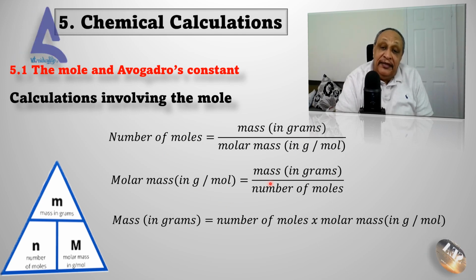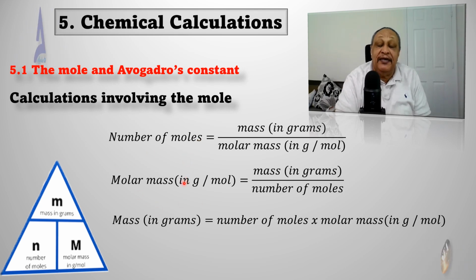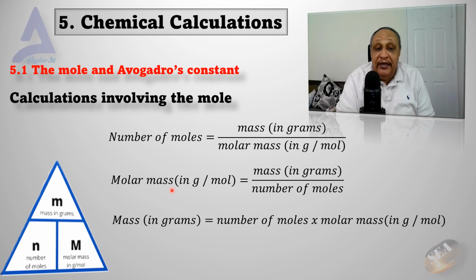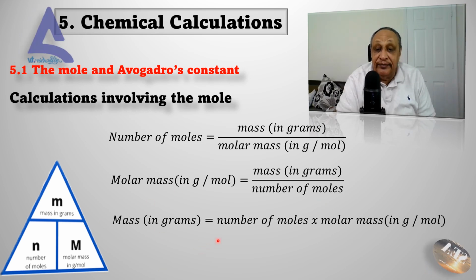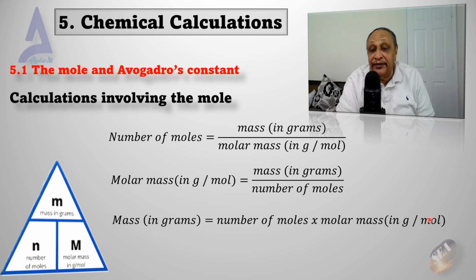And this formula could also be expressed as this, depending on what we actually demand. So the molar mass in gram per mole equals the mass in gram over the number of moles. The mass in grams equals number of moles multiplied by the molar mass expressed in gram per mole.